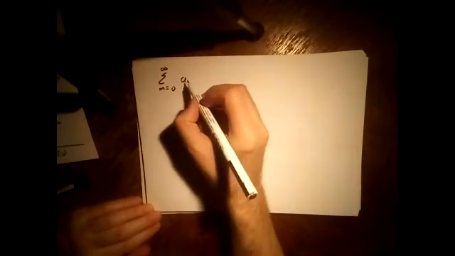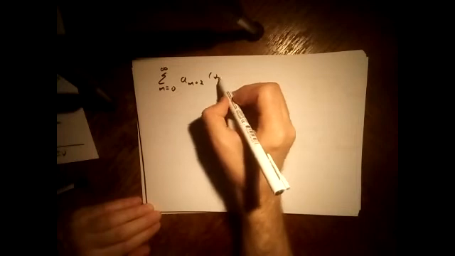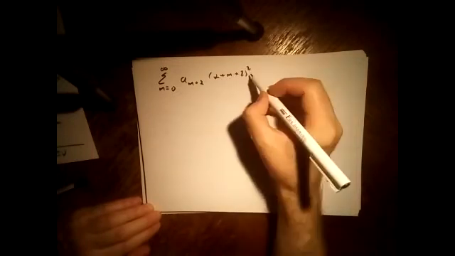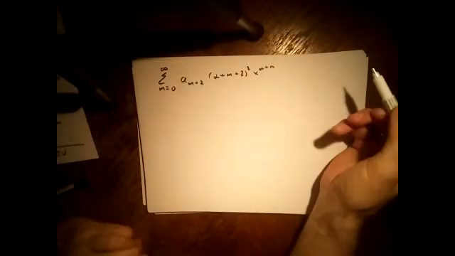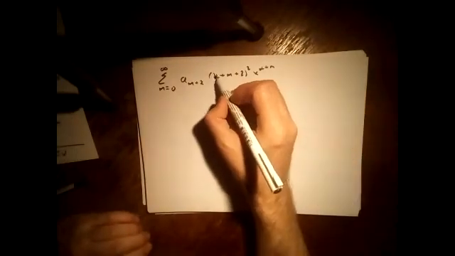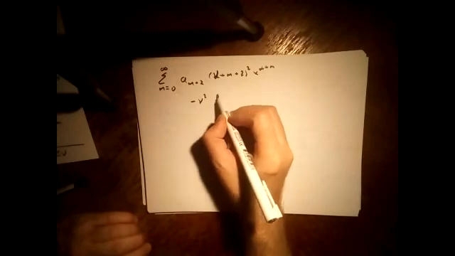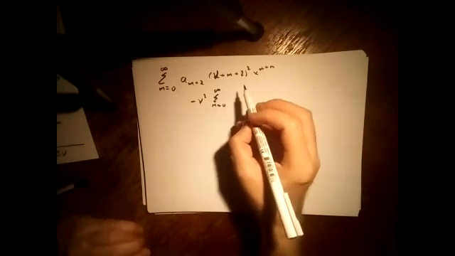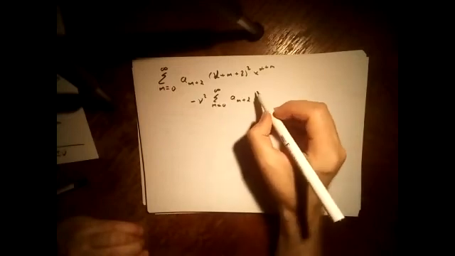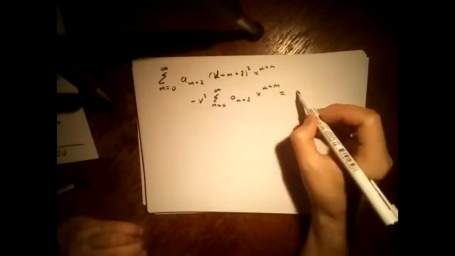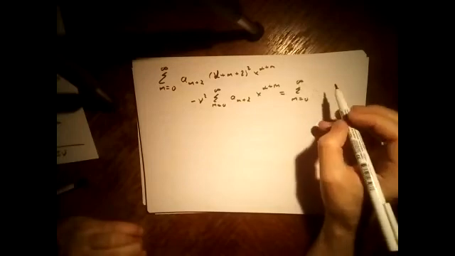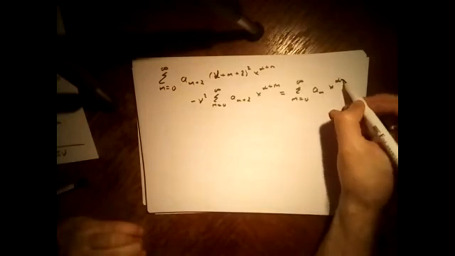I'm going to have the sum from m equals 0 to infinity of a m plus 2, times alpha plus m plus 2 squared, times x to the alpha plus m, minus nu squared, the sum from m equals 0 to infinity of a m plus 2, x to the alpha plus m, and that's equal to the sum from m equals 0 to infinity of am x to the alpha plus m.